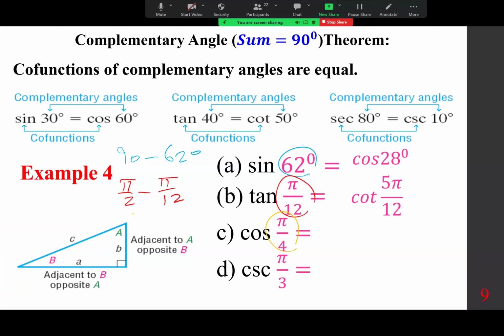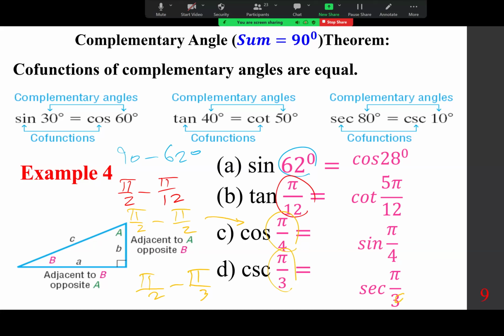Cosine of pi over 4 is sine of pi over 2 minus pi over 4, which happens to be pi over 4 again. Cosecant pi over 3 becomes secant of pi over 2 minus pi over 3, and that becomes pi over 6.